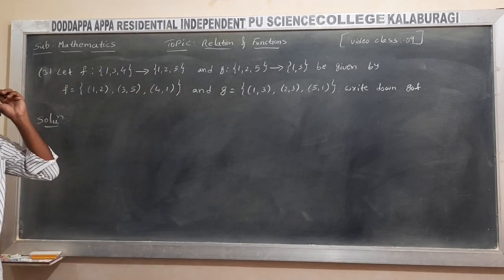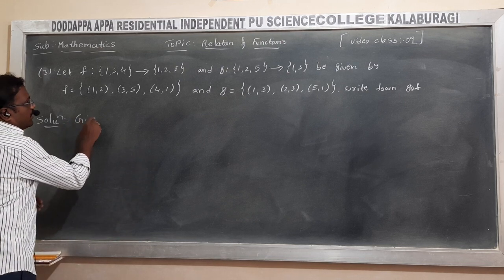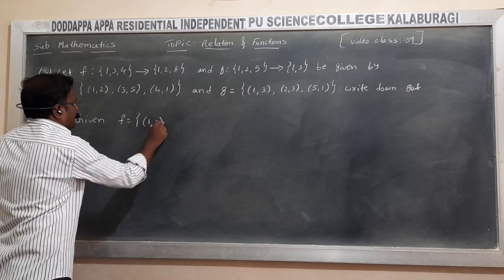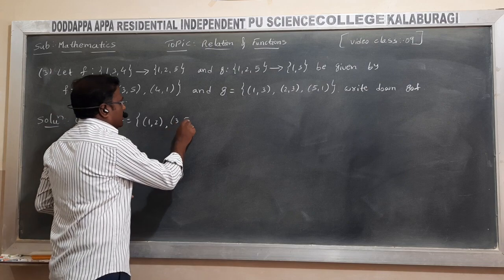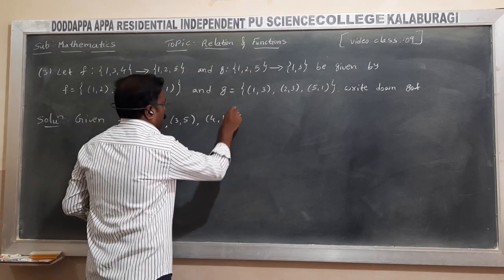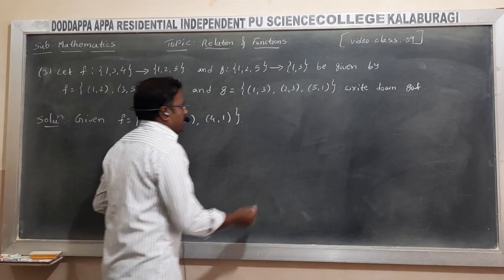Then write down g naught of f. So first of all, you write the given values. F is equal to (1, 2), next (3, 5), next (4, 1). Okay. Next, what is the given g value?